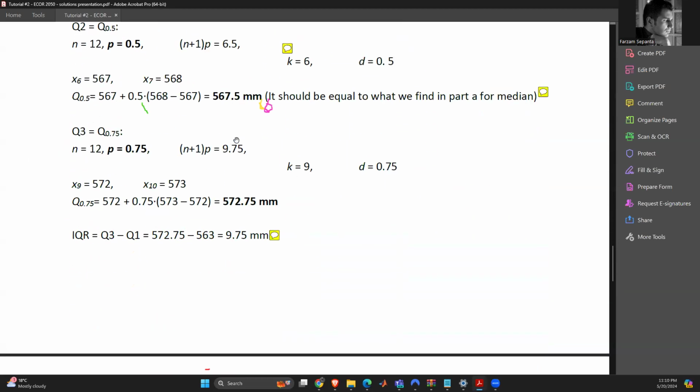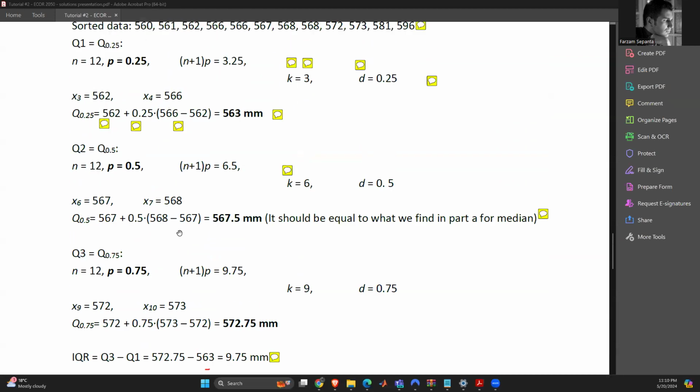Statistics is nice and easy, and it should work if you solve everything according to what you learned. So the next one is literally the same thing. The value is 9.7, not 9.75. It's not exactly the value in the 9th position. It's 0.75 after that.